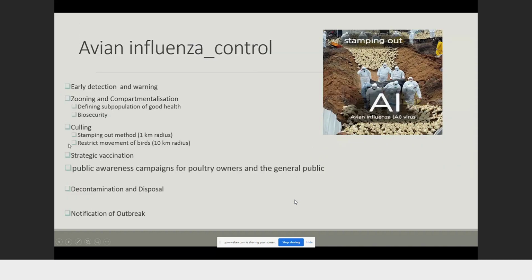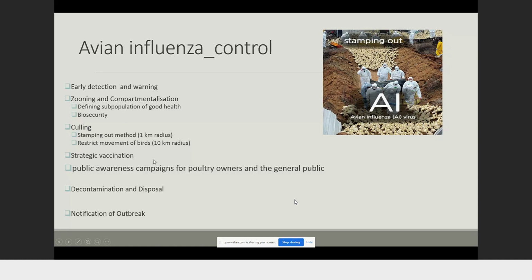So this is general avian influenza control, regardless of low pathogenic or highly pathogenic. As you know, low pathogenic virus can also reassort and lead to highly pathogenic avian influenza occurrence. So the moment you suspect an influenza outbreak, it is very crucial to warn and notify the outbreak, because we need to do the test or the diagnosis as soon as possible.